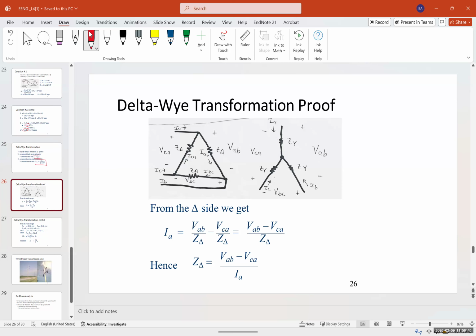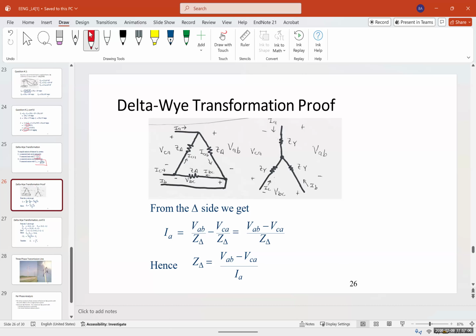Now, this shows a delta-Y transformation and the proof. Again, from the delta side, we get IA equal to VAB over Z delta minus VCA over Z delta, which would be equal to VAB minus VCA over Z delta.